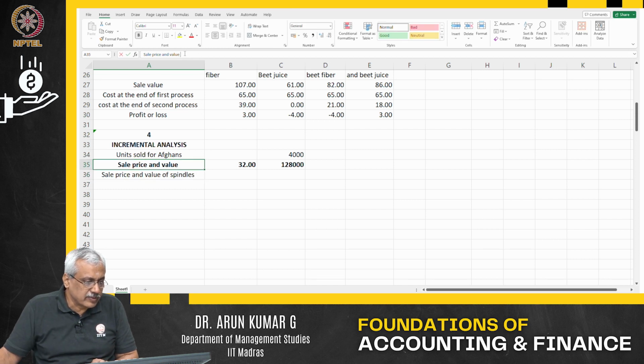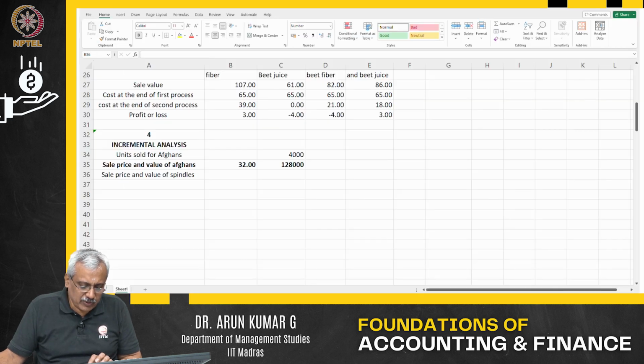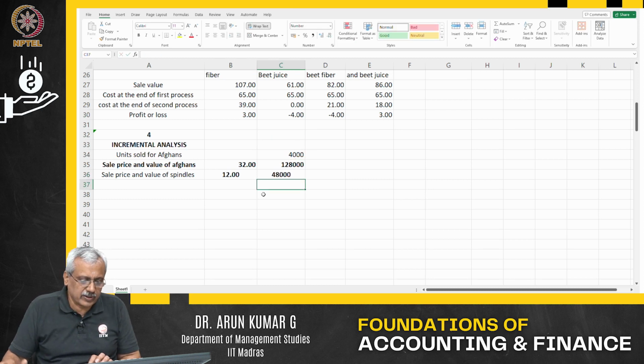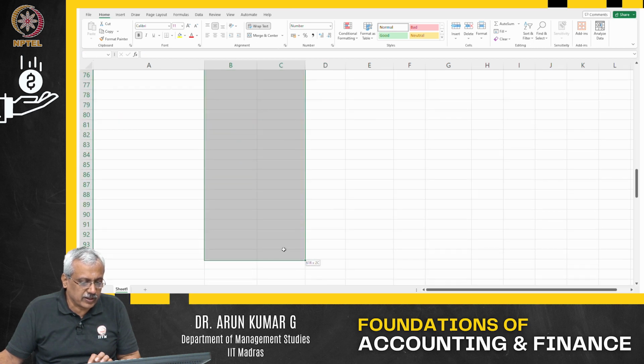If I sell it as spindles, going back to my problem, my selling price is $12. So I am going to take $12 into the same number of units.